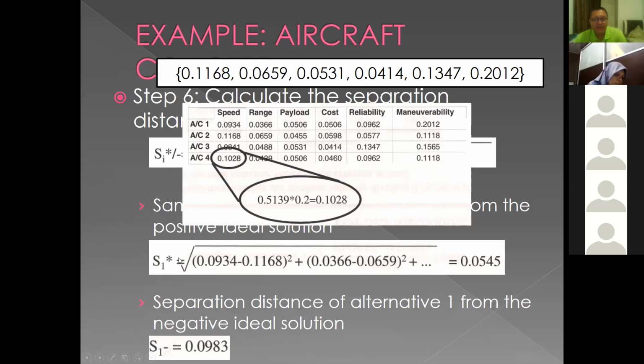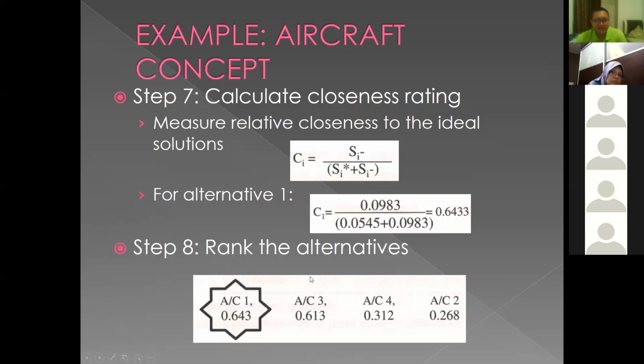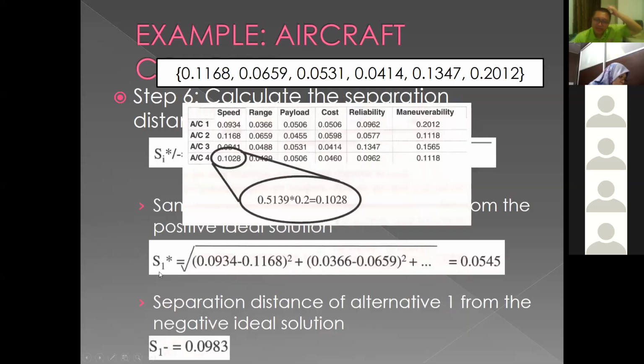So later on, what you will get is S1 plus for this aircraft 1, and then S1 plus for aircraft number 2, and then for aircraft number 3 and aircraft number 4.